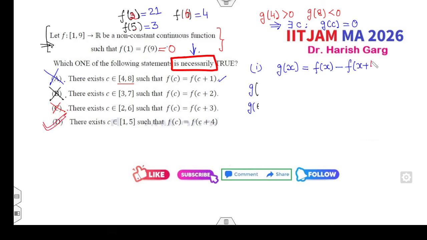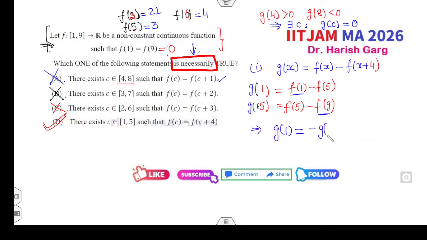Fine. And how can we see? It's 1 and 5. Fine. What is that? g of 1 is f of 1 minus f of 5, g of 5 is f of 5 minus f of 9, because f9 and f1 both are the same. So if you see, what is the meaning of that? g of 1 must be minus g of 5.